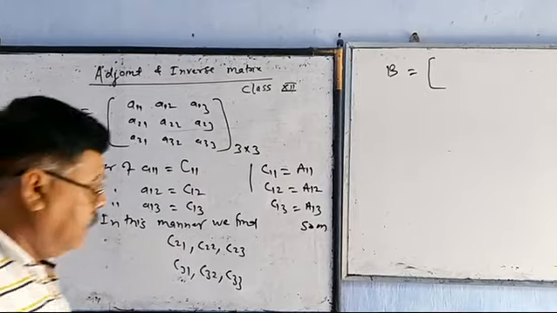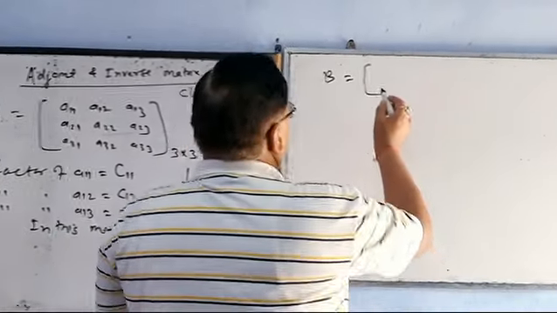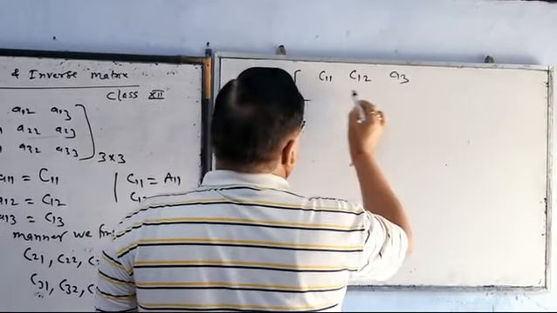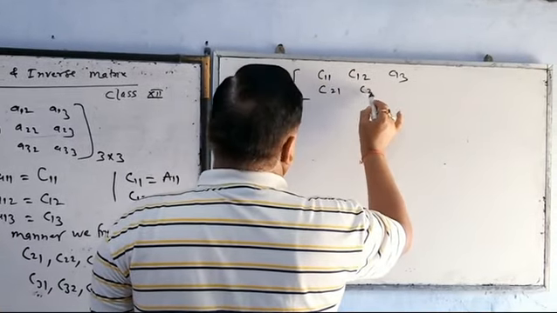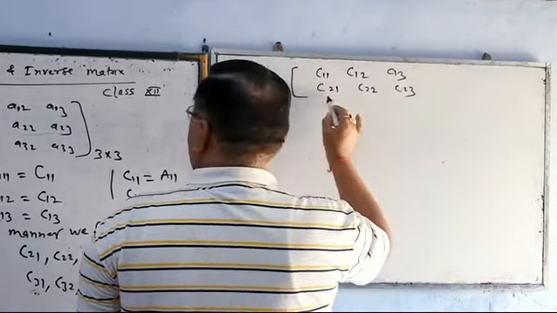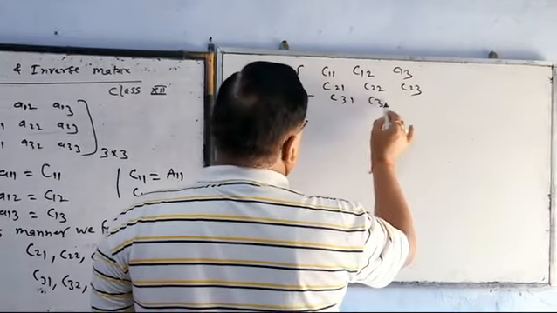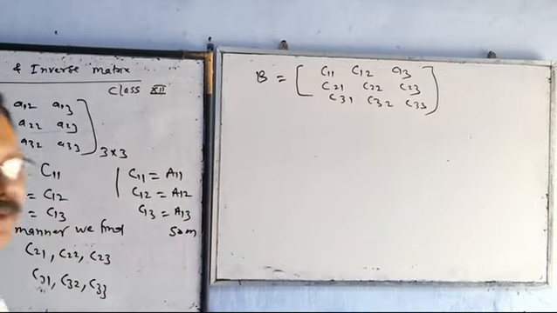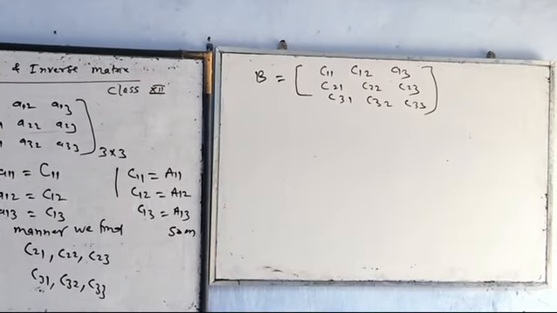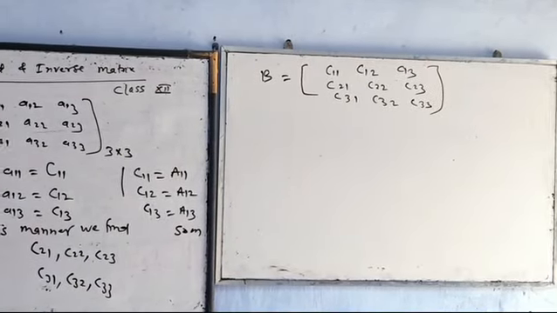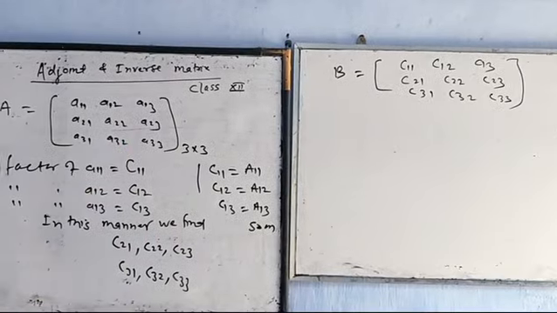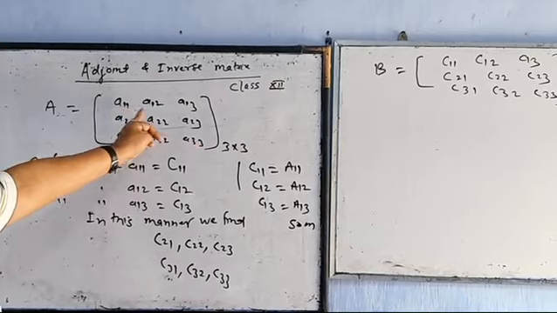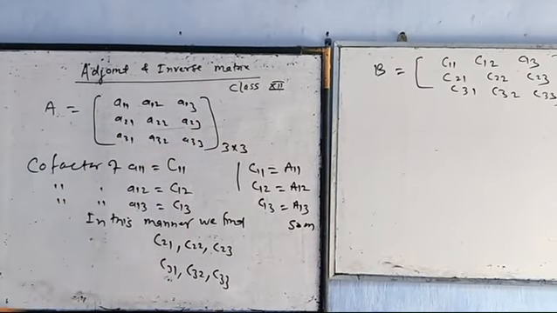So we get matrix B with C11, C12, C13, C21, C22, C23, C31, C32, C33. It is a matrix B made by the cofactors of the corresponding elements of A.